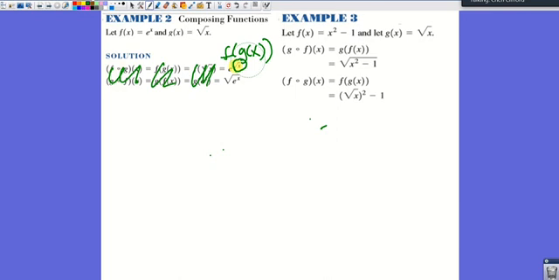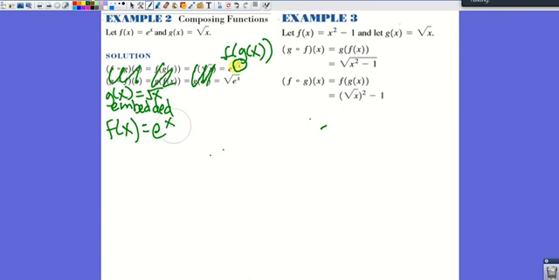The embedded function is g of x, and I like to call it square root of x. That is embedded within the bigger function of e to the power of x.